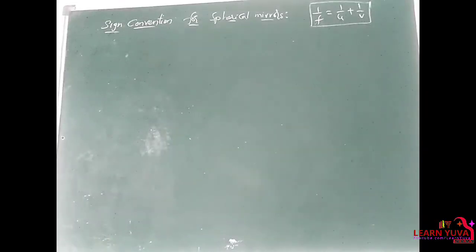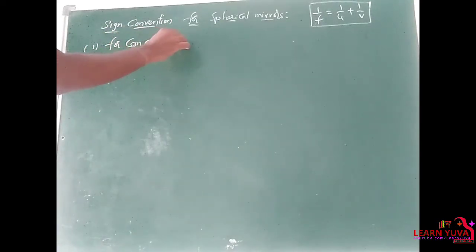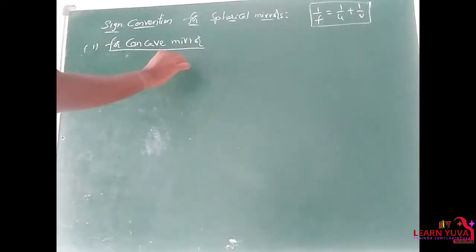So let's check when these values will be positive and when they will be negative. Let's see first of all for the concave mirror. Important values. So it is the concave mirror.